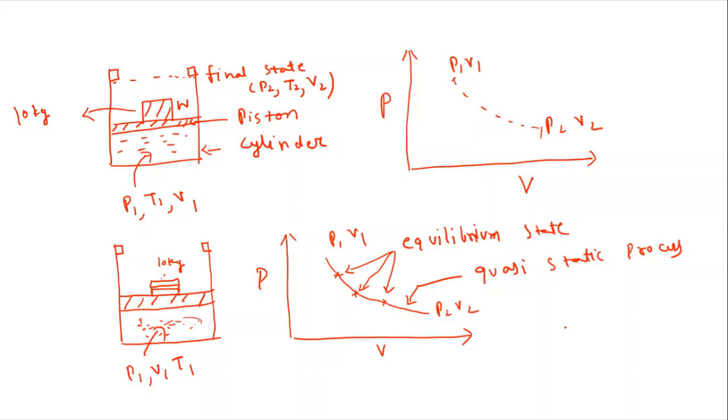So as you slow down the process, it becomes more and more reversible and quasi-static. I hope you have understood the quasi-static process. Thank you very much. Have a nice day. God bless you.